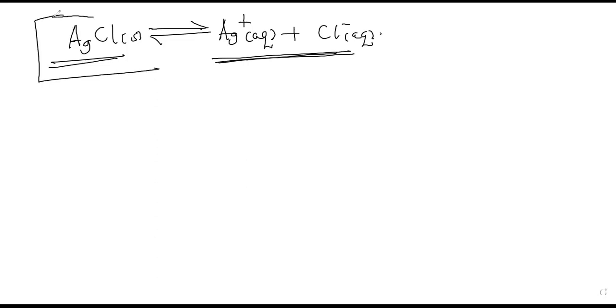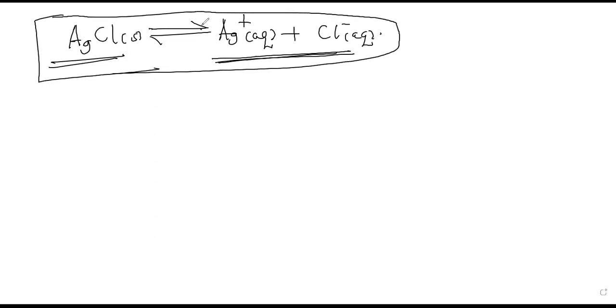Silver chloride is a sparingly soluble salt, so when it dissolves in water, an equilibrium is established between its ions and its solid substance. In this case, the solution is said to be saturated.